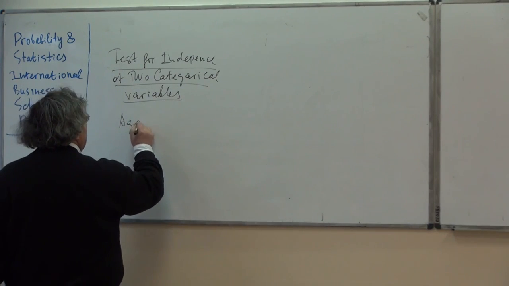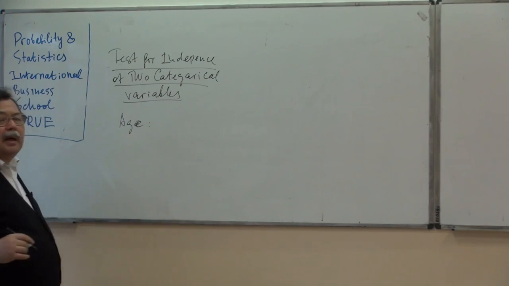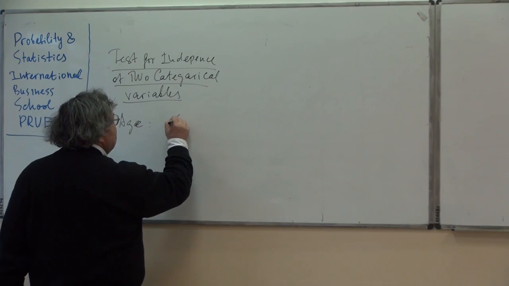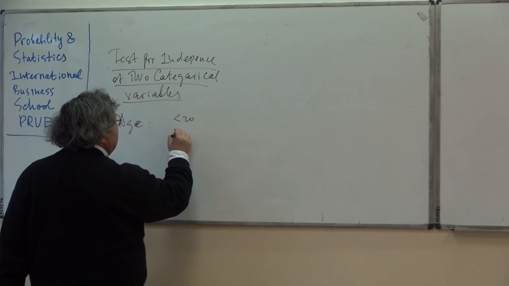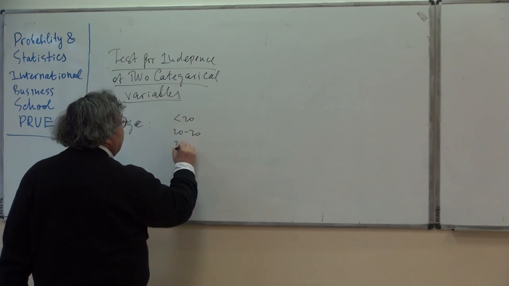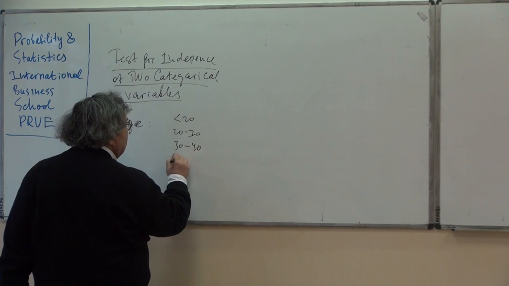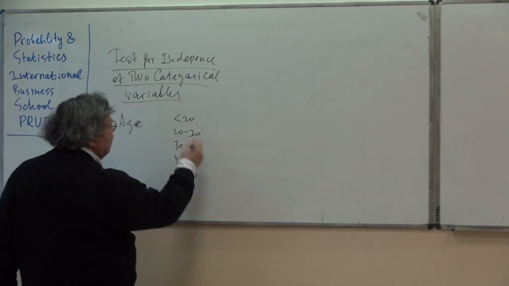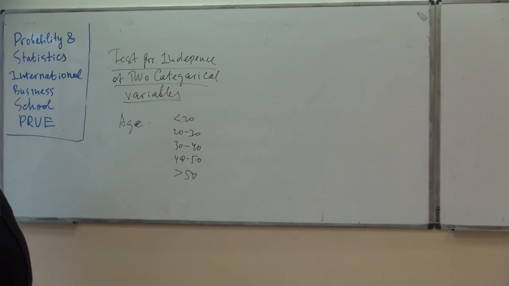Age. Well, it's up to us how many categories we specify here, but for example, less than 20, 20-30, 30-40, 40-50, and greater than 50. For example, these 5 categories.